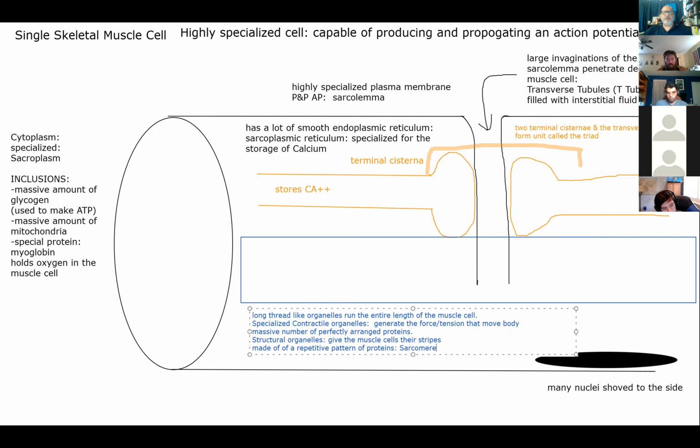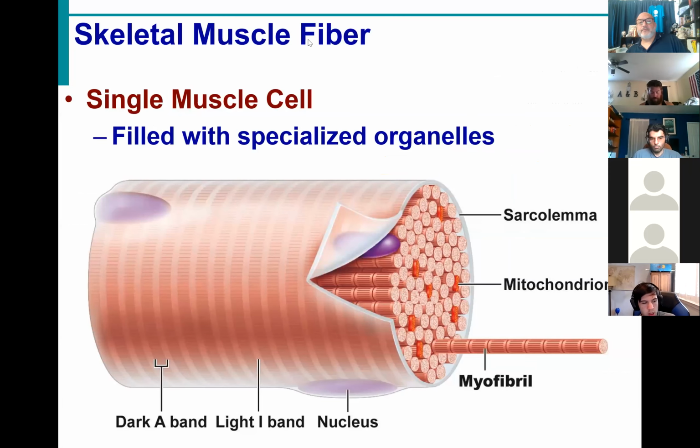Now, I've thrown a lot of vocabulary at you, but again, I appreciate that my art is not the best. So let's take a look at the pretty pictures from your textbook. Here, we see the plasma membrane on the outer surface.